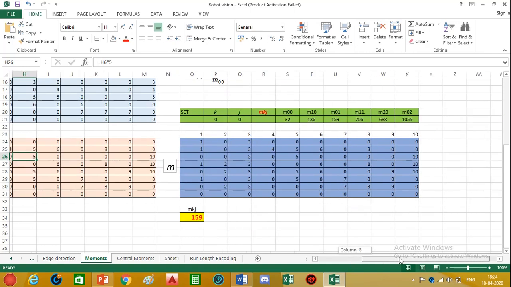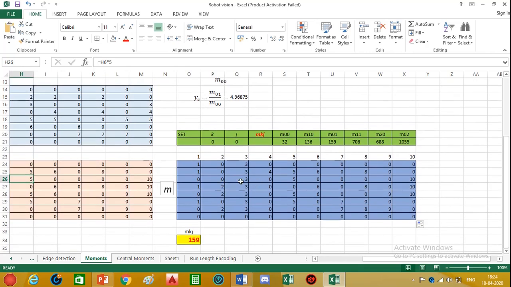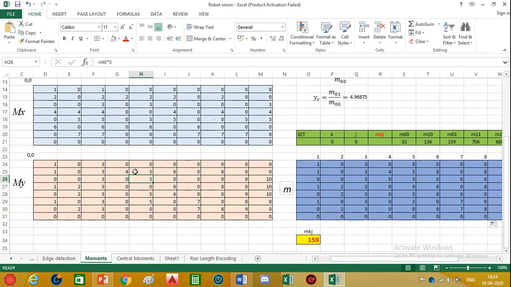Since initially we have to obtain the 0th order moment, that is m00, we set both k and j equal to 0. The matrix M is then obtained by taking the product of the moment value of each non-zero pixel of matrix Mx raised to the power of 0 and the moment value of the corresponding pixel of matrix My raised to the power 0.